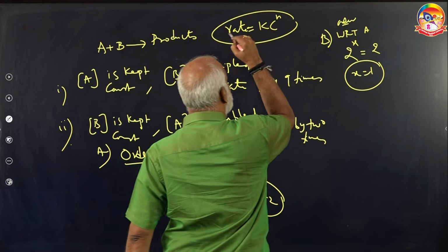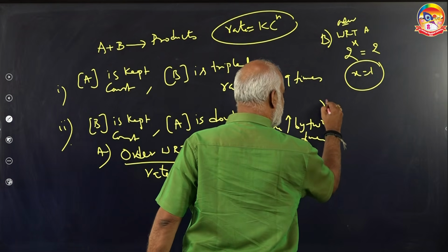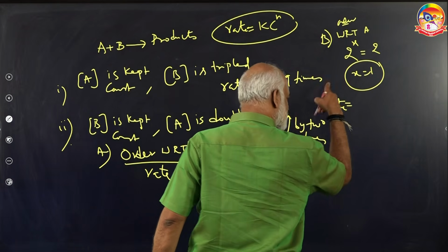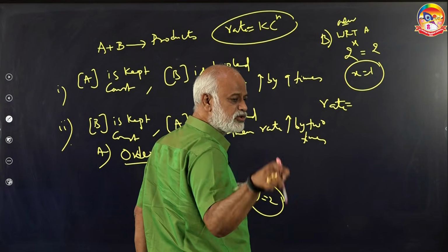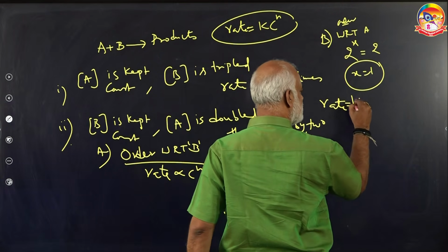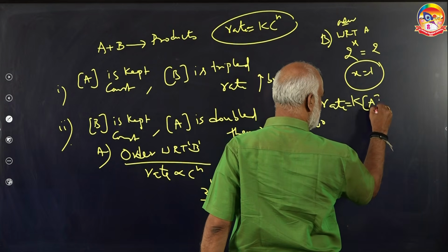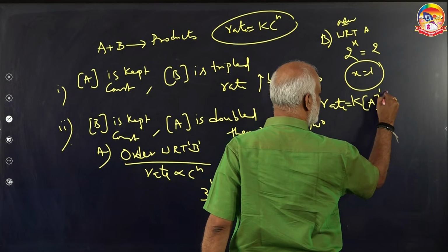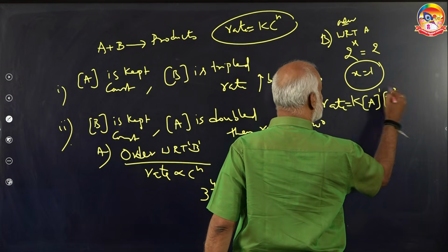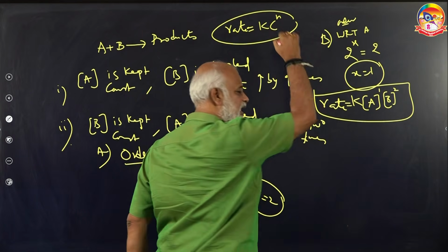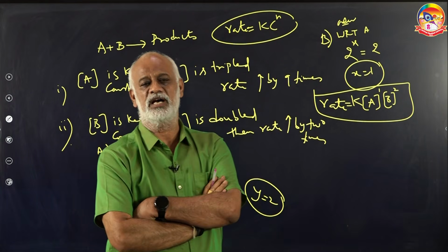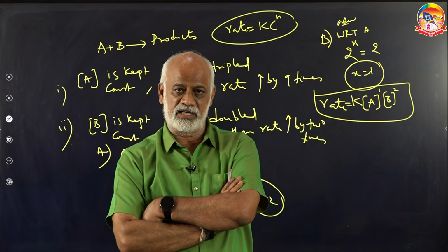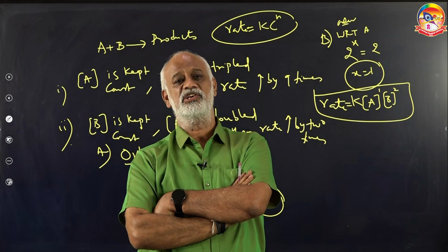Now what you write? Whatever I am writing as rate, this rate is experimentally determined by me by using the information given to me, is equal to k into A to the power 1, B to the power 2. This is called rate law, which I cannot write without knowing the experimental data. What is rate law?